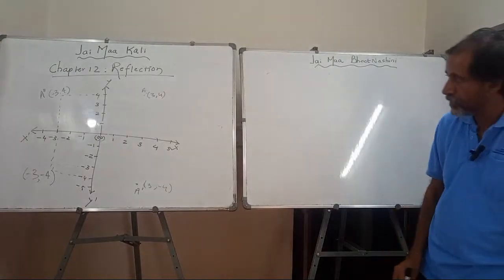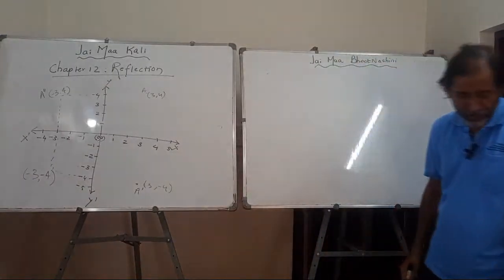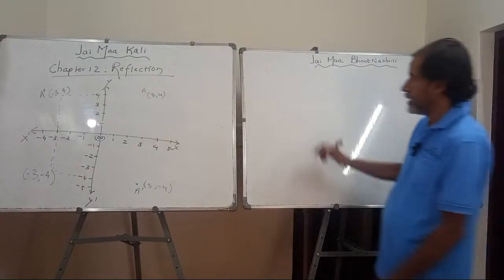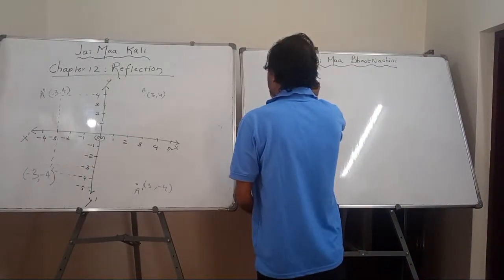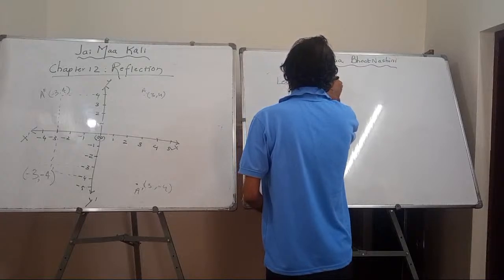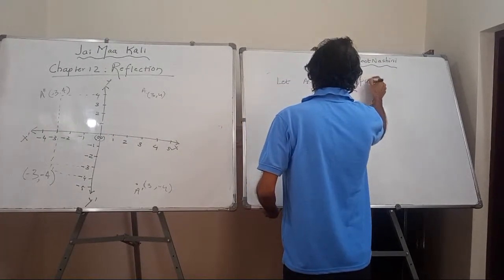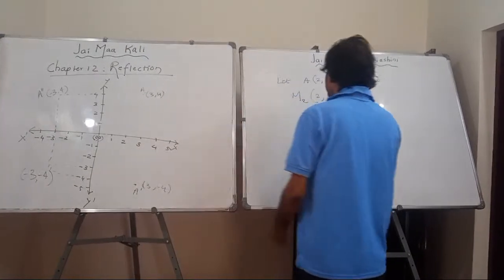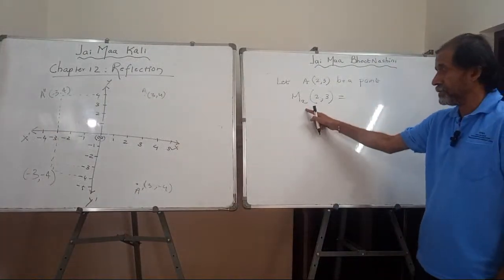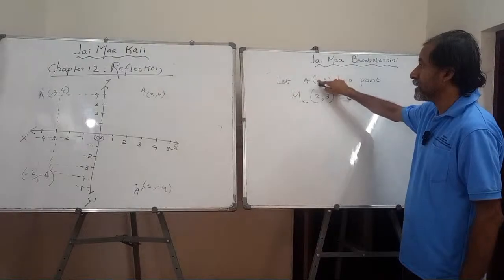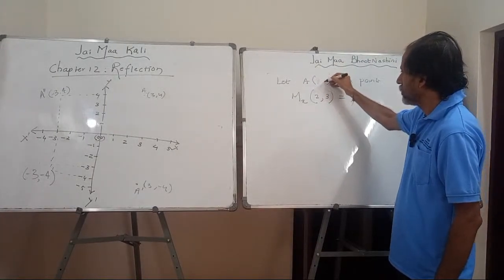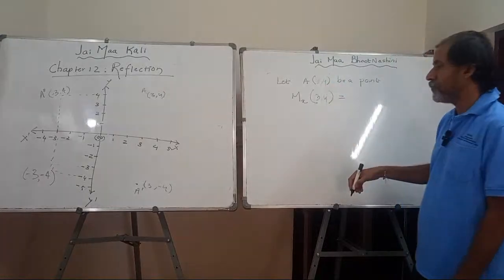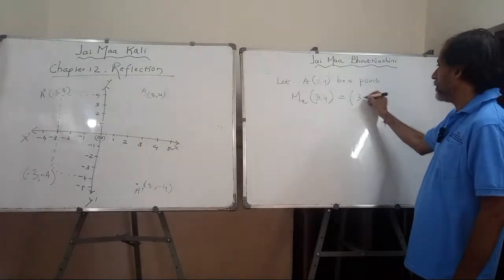Now, let A(3, 4) be a point. Let's say the mirror is the x-axis. If the mirror is the x-axis, the point becomes (3, -4).